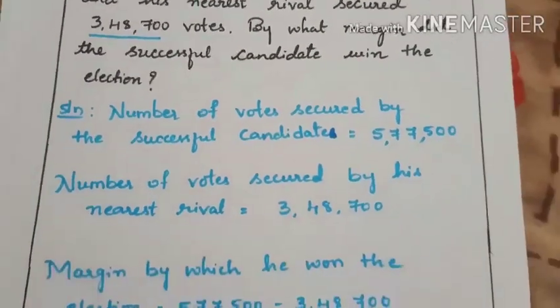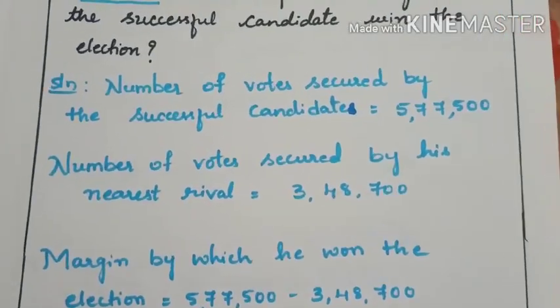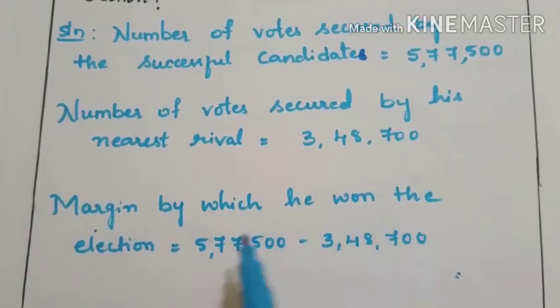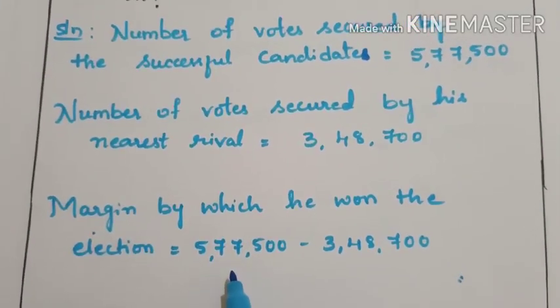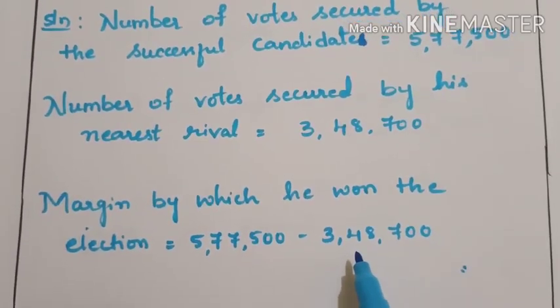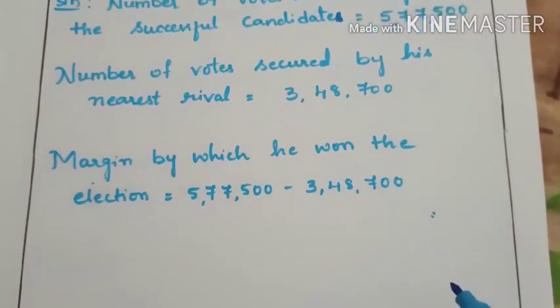Okay, next, now you have to find out the margin by which he won the election, right? So margin by which he won the election is equal to 5,77,500 minus 3,48,700. Let's find out the answer.